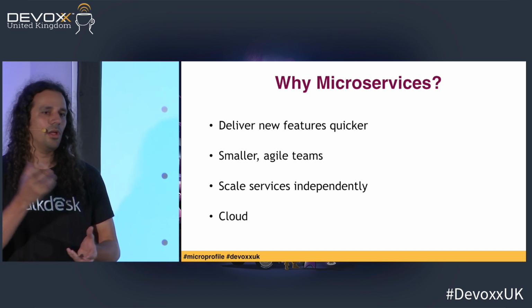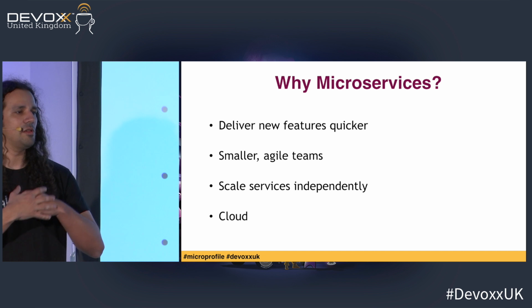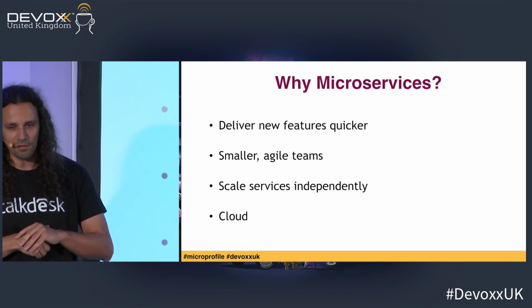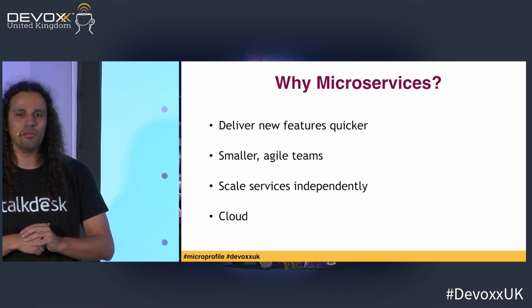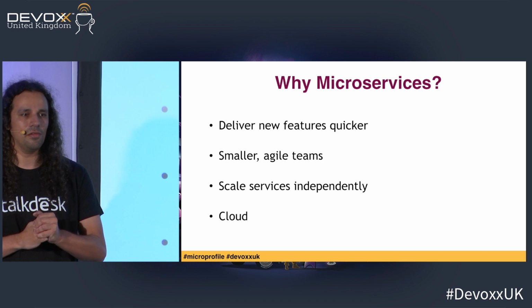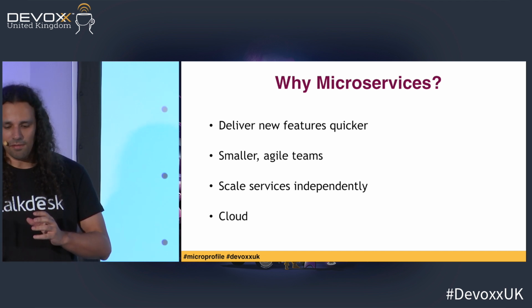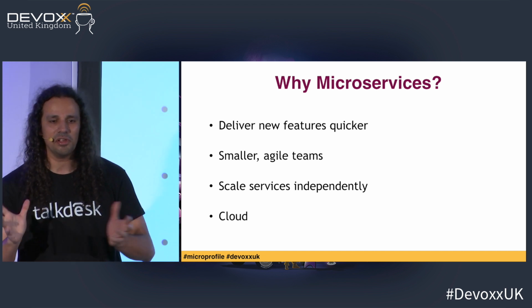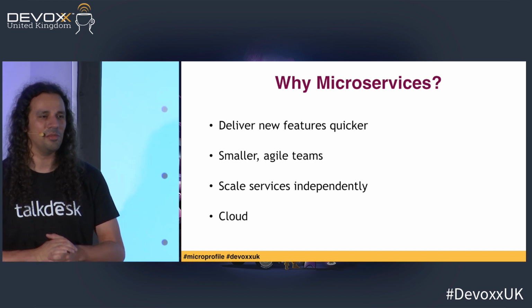When you're developing a particular feature in a service, you can deploy that pretty quickly, and people can use it instead of waiting for the entire thing to be built. Again, you have smaller and agile teams, right? So instead of having huge teams working on the same monolith, you have people working on specific features, and they only have to agree on how they're going to communicate, which sometimes is harder than building a monolith, right?